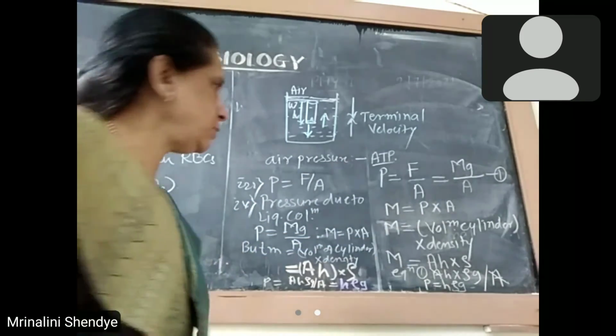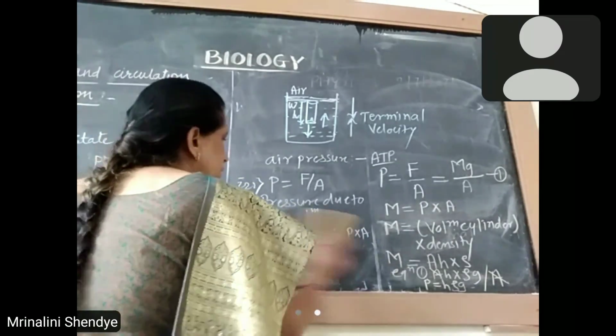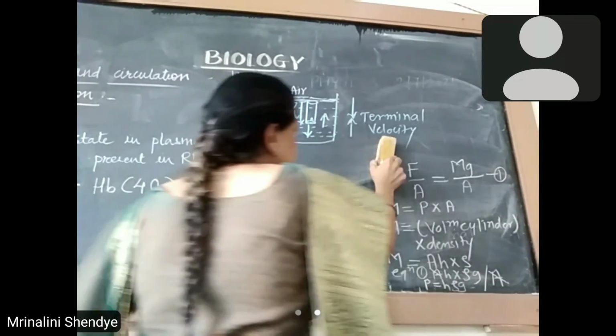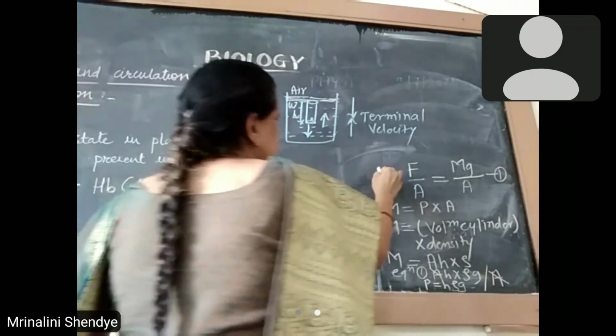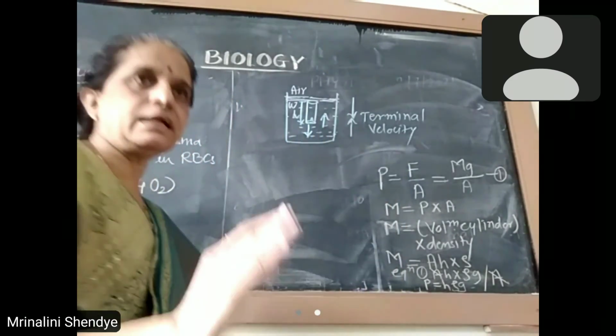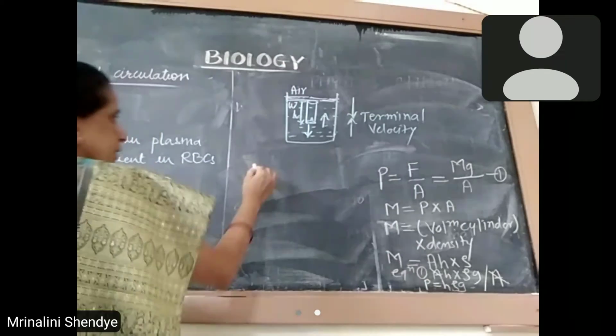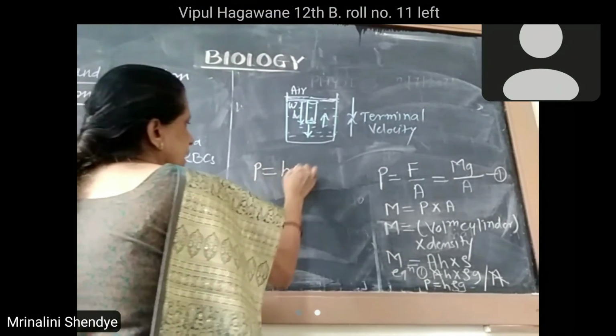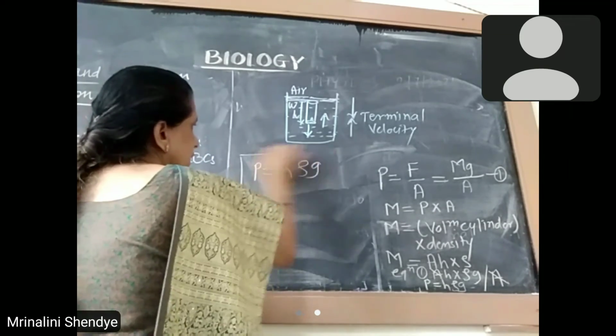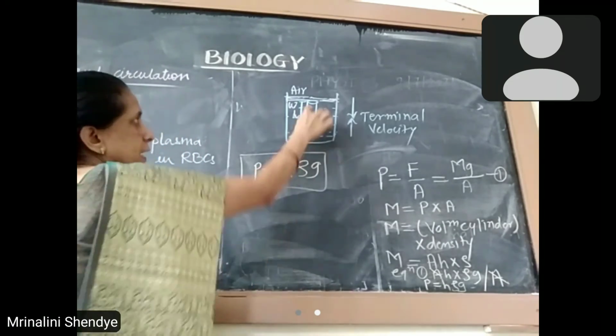This is the derivation you have to remember: the pressure acted on any type of cylinder can be written like this, H rho G, where H is the height of that column.